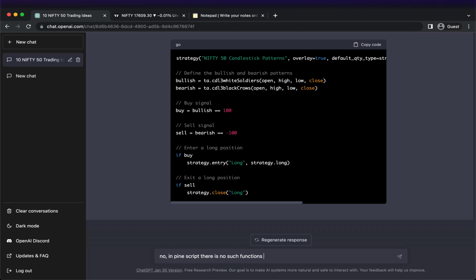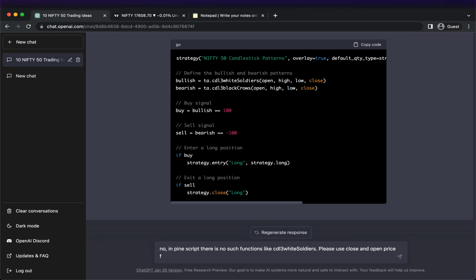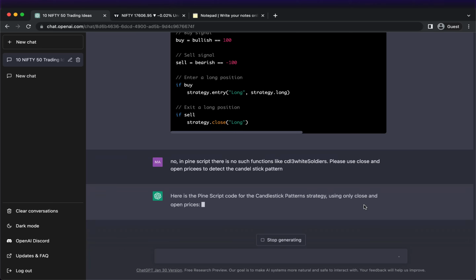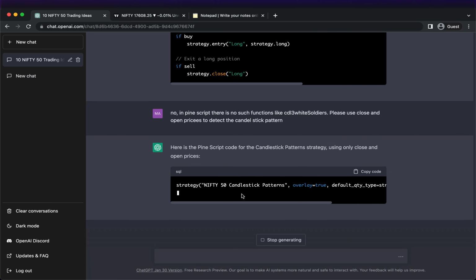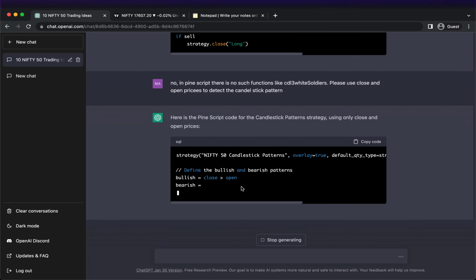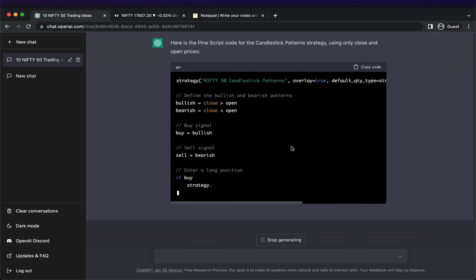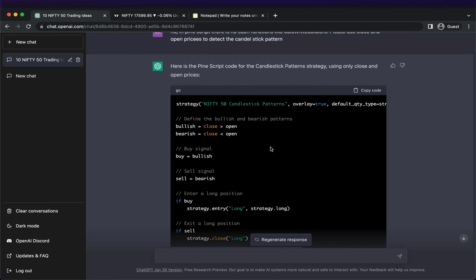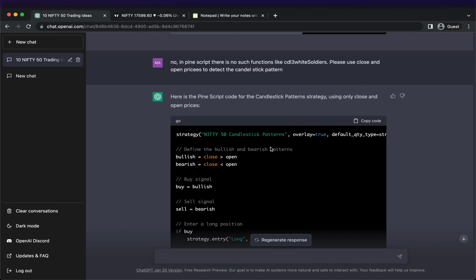So as you can see, ChatGPT mixes up PineScript and Python in one place. I don't know why she's doing that, but that's how it's working. So you can't be 100% sure about the results. You have to know what you're doing. You have to know the programming language yourself to be able to customize and correct things.